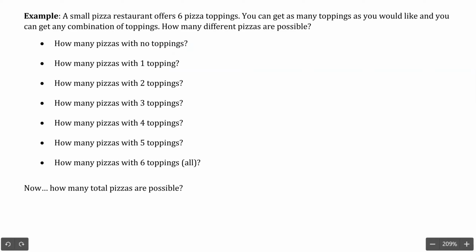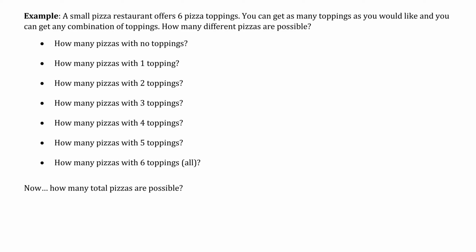In order to do that, we're going to calculate each of these possible scenarios individually. How many pizzas have no toppings? You may be thinking there's obviously only one, and you are correct.